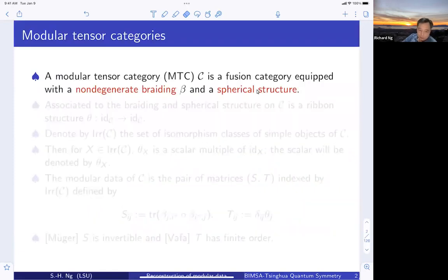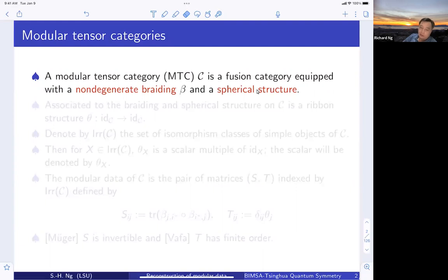So let me just lay out the basics of modular tensor category. I assume most of you, if not all of you, know almost everything here, but I just lay out the language. So a modular tensor category is just a fusion category over the complex numbers in this talk, equipped with a non-degenerate braiding. I call it beta here.